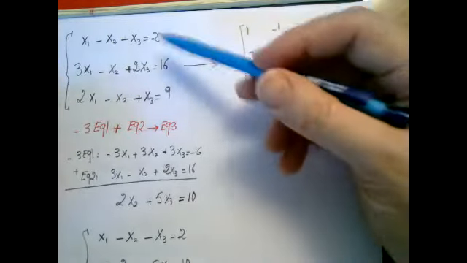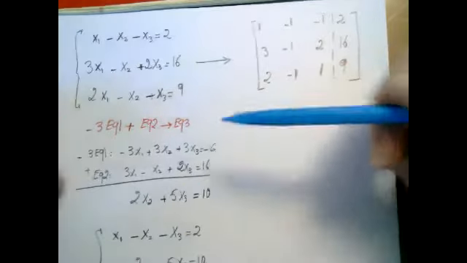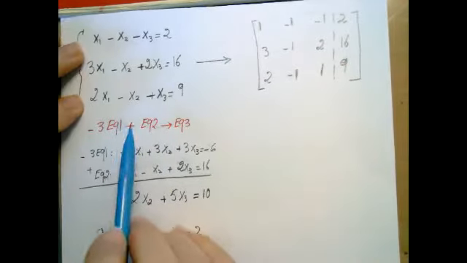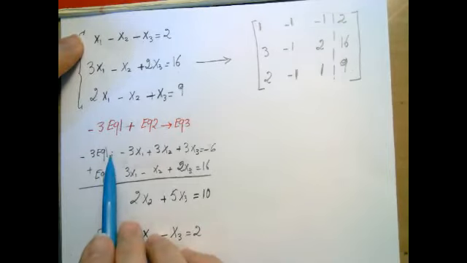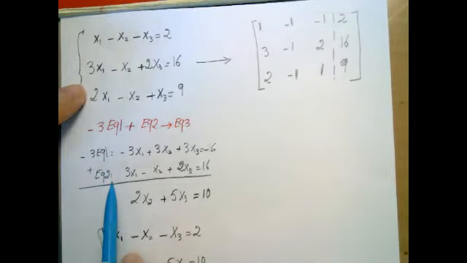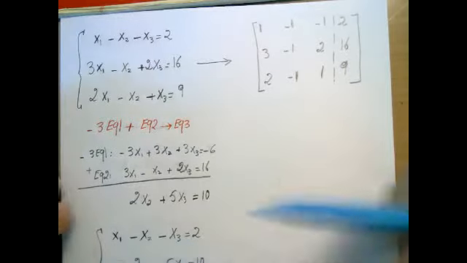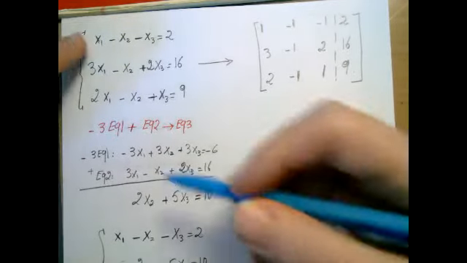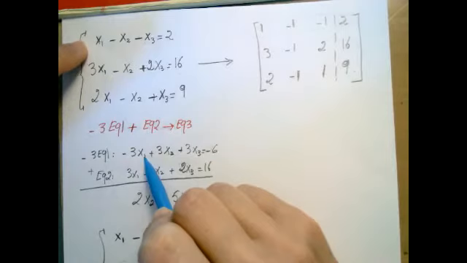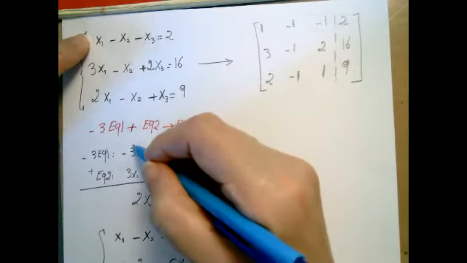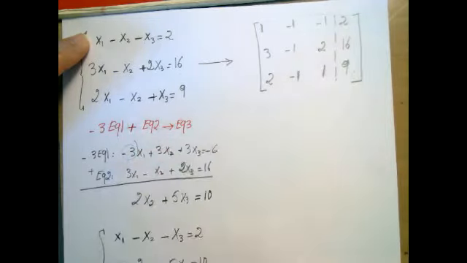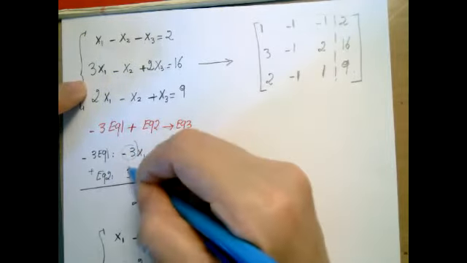Now, what's the operation we did here? Let's think about it a little. To eliminate x1, I multiplied this by -3, and then I added it to equation 2. But what did we actually do? When we multiplied equation 1 by -3, it means we took the coefficient of x1, which is 1, multiplied it by -3, and then added it to 3.